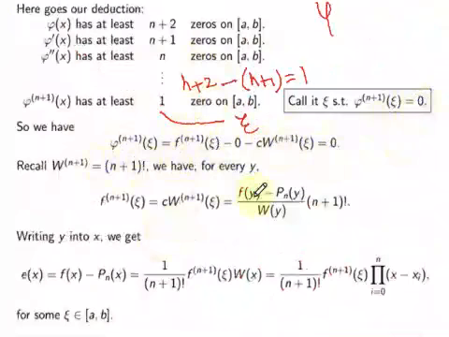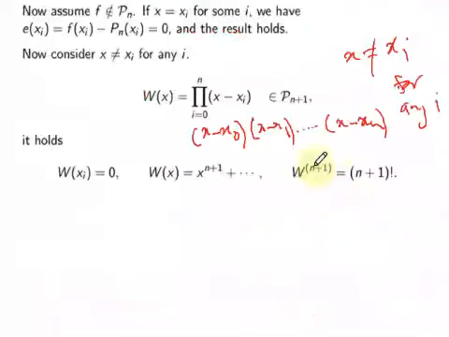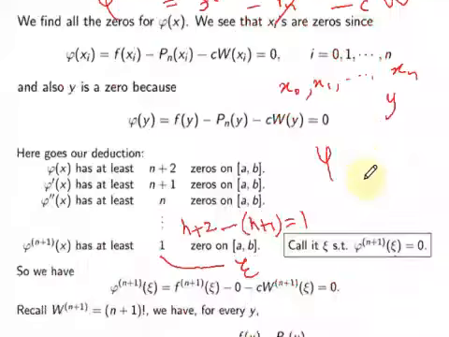Then we get this relation: the n plus 1 derivative of f at psi is equal to c times the n plus 1 derivative of w at this point. We know that this one is equal to n plus 1 factorial.